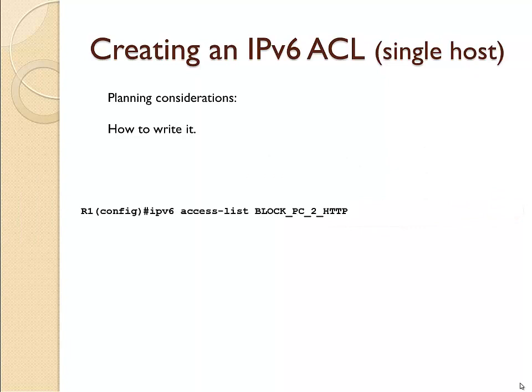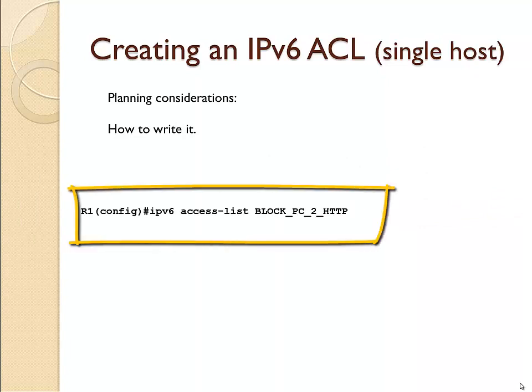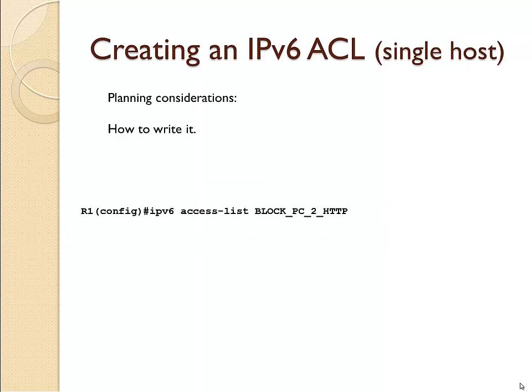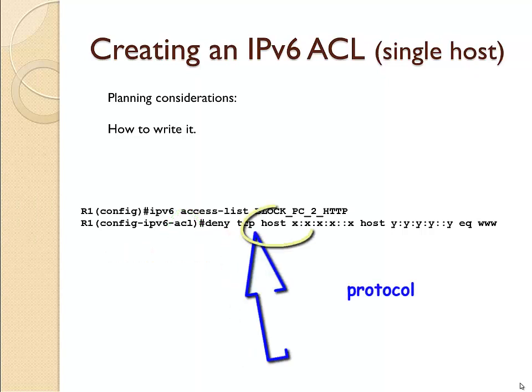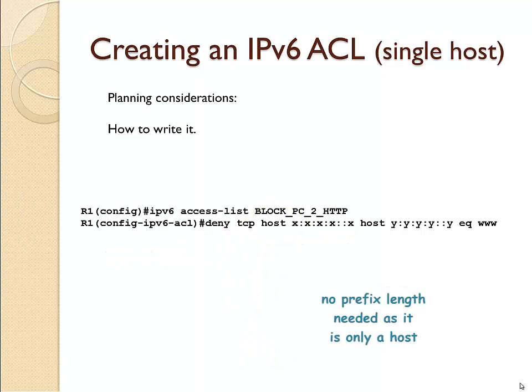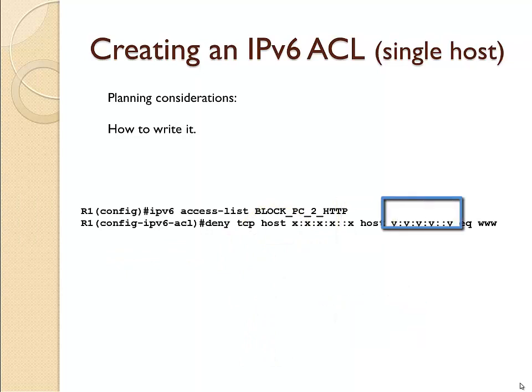Here's an example. Router 1, config, IPv6 access-list BLOCK_PC2_HTTP. Then the prompt changes to config-ipv6-acl. Notice it does not say -nacl. We're going to deny TCP, the host, and the address of PC2, the destination host, and then the address of the server.